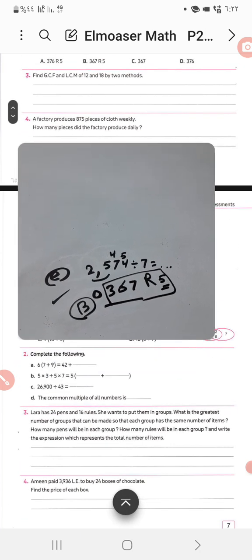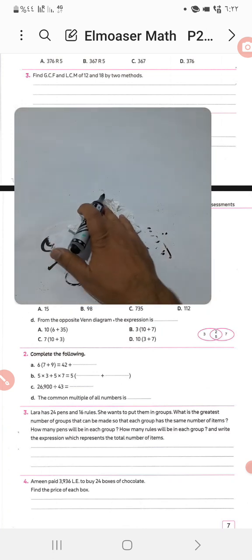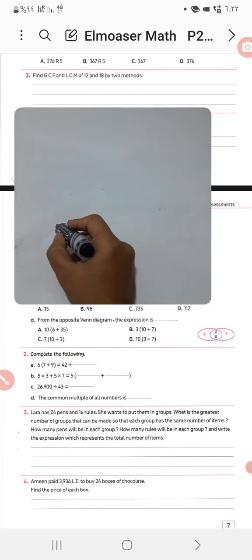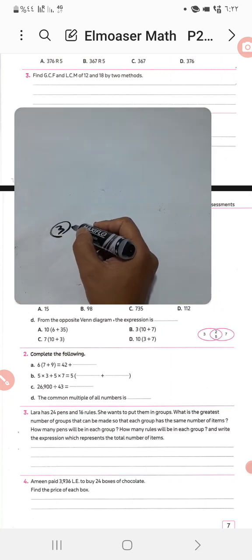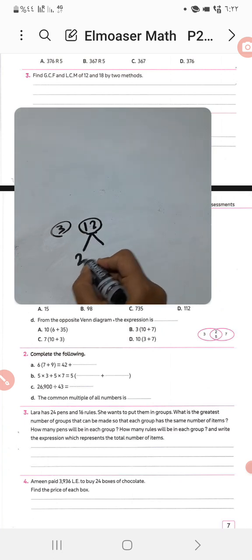Question number 3. Find the greatest common factor and the least common multiple of 12 and 18 by 2 methods. I can use this example with 2 methods. First method, we can use the tree diagram. 2 times 6 equals 12 and 6 equals 2 times 3.